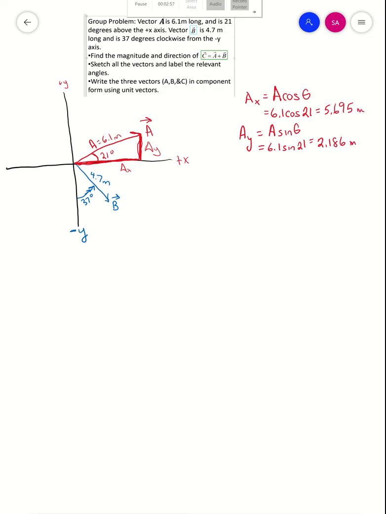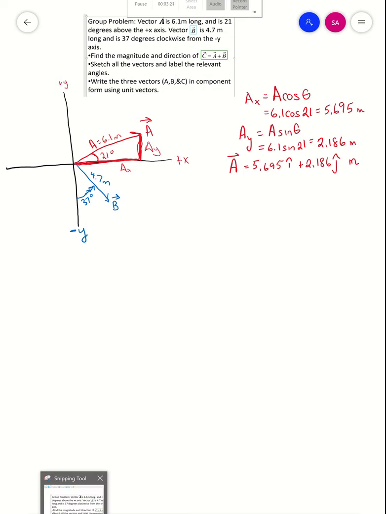So if I want to write that vector in component form, I'd write vector A is equal to AX i hat plus AY j hat. So 5.695 i hat plus 2.186 j hat. Remember, i hat just means in the x direction and j hat means in the y direction.